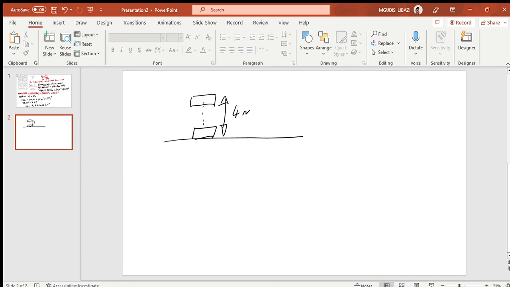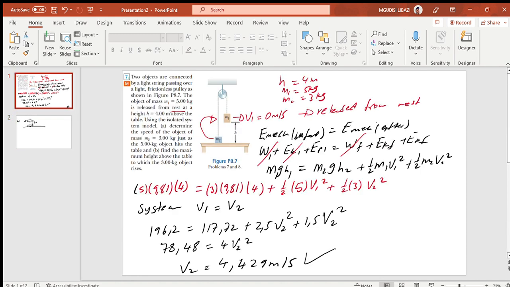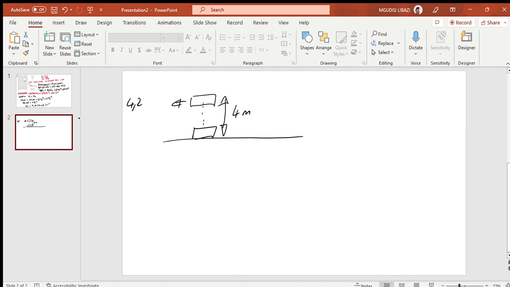At that 4 meters we determined the speed of box m2, which is 4.429 meters per second. And then after box m2 reached that height at that velocity, the box m1 will now be on the table.